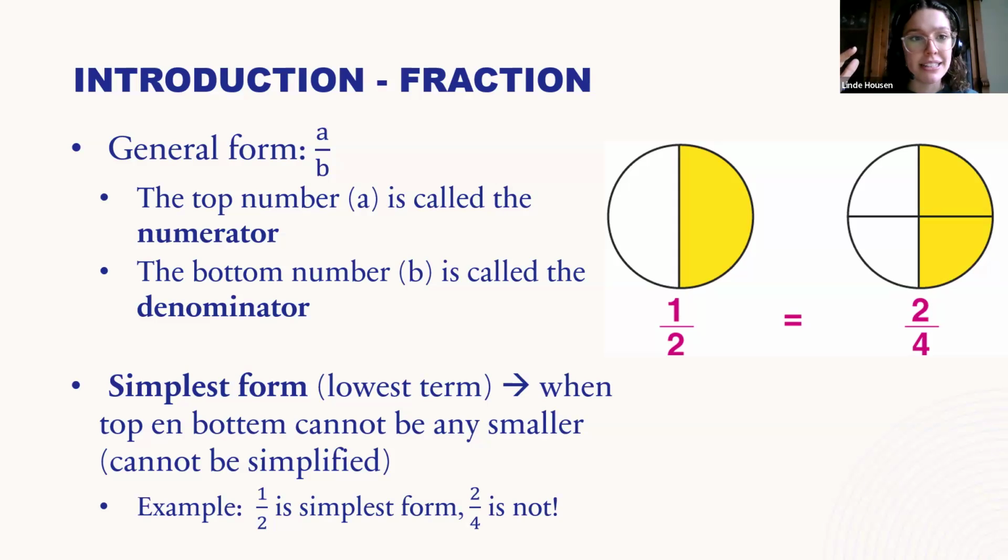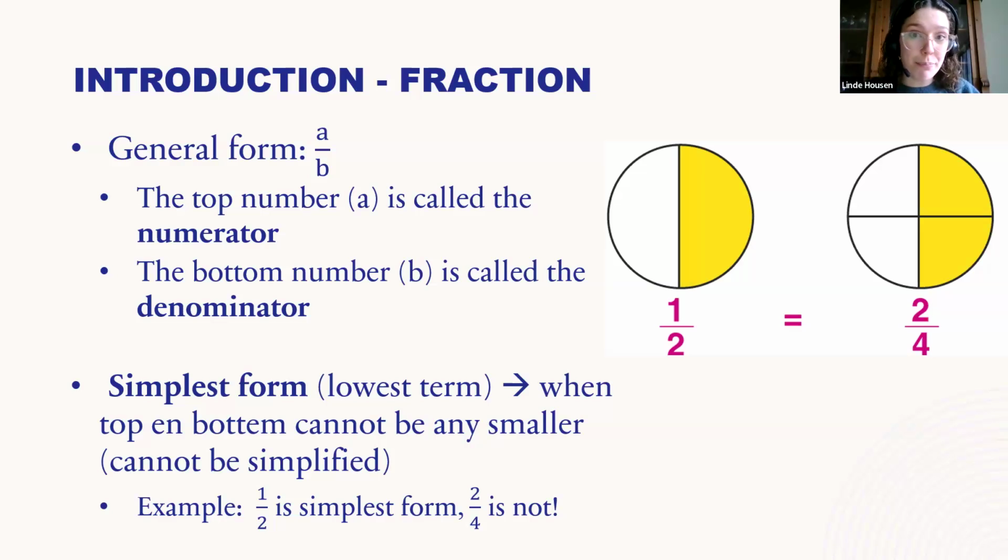But are these pieces the same amount? Did the person that ate the first piece of the first pie and the 2 pieces of the second pie, did he eat the same amount? Yes, indeed. We see that although the first pie was 1 piece and the second pie ate 2 pieces, the amount is the same. We see it's the half of the pie.